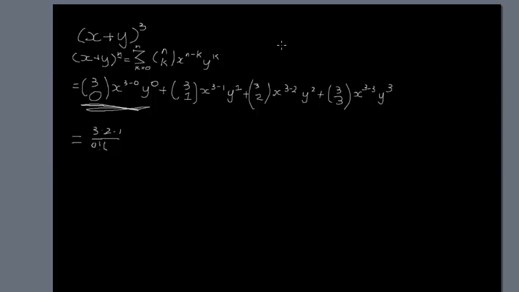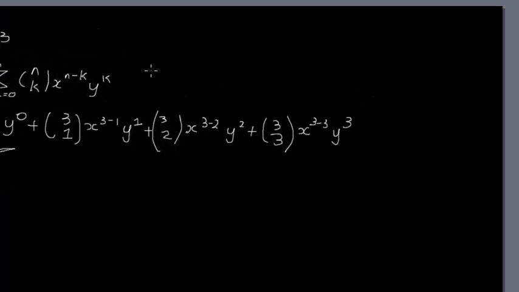Let me explain this more clearly so that you all understand. n choose k is equal to n factorial, so what we have here is 3, that's why I put 3 there, n factorial over k factorial times n minus k factorial.